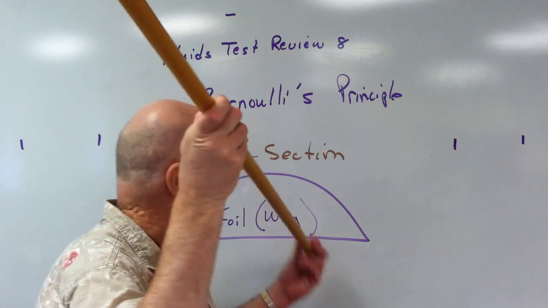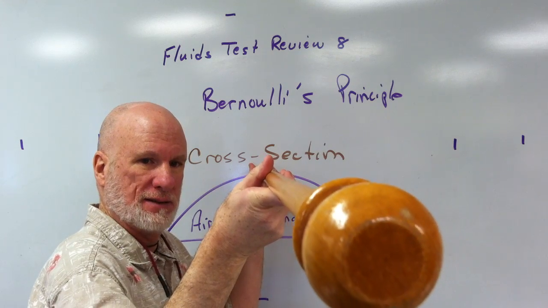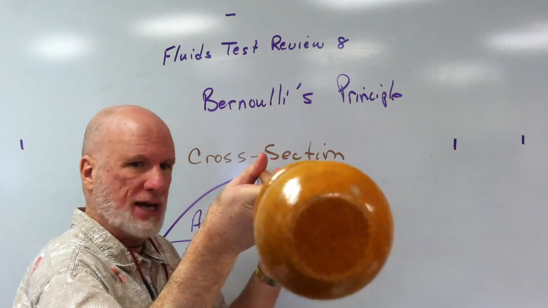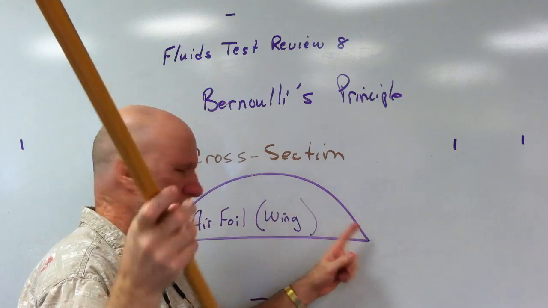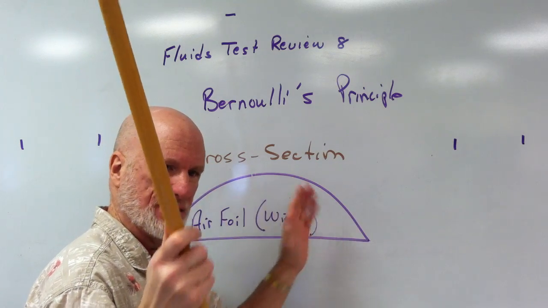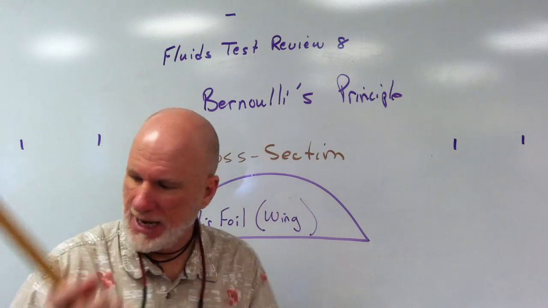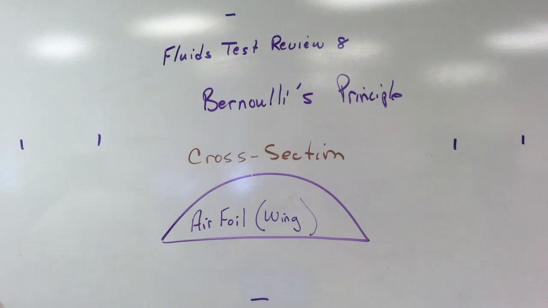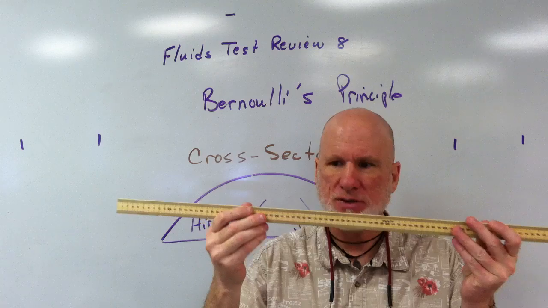This is the airplane wing coming out of the board, right? Very long, correct? And the cross-section will be, I'll cut it here, and then I see this section, the flat section. Such as if I have a meter stick, this is a view of the meter stick.